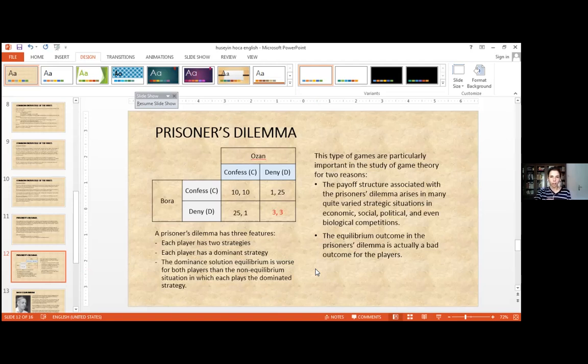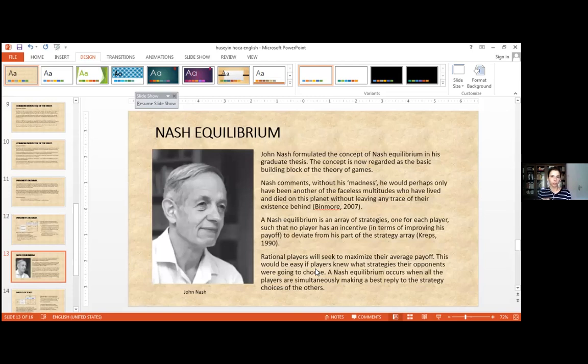I said something like Nash equilibrium. What is a Nash equilibrium? It came with John Nash. I believe you all heard his name from the movie A Beautiful Mind. John Nash formulated the concept of Nash equilibrium in his graduate thesis, and the concept is mainly the center of the theory of games.